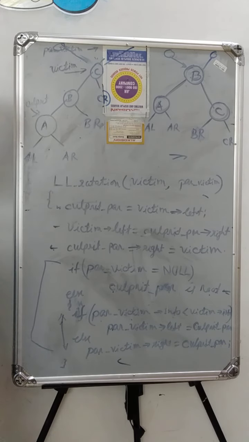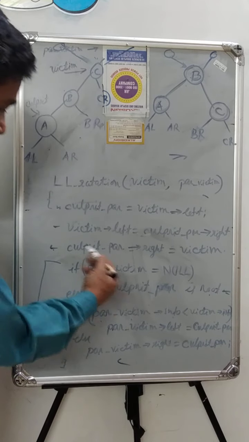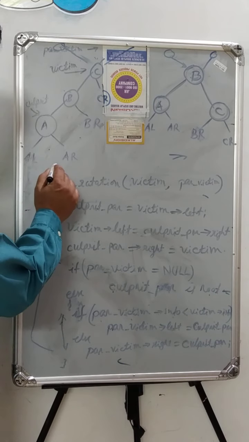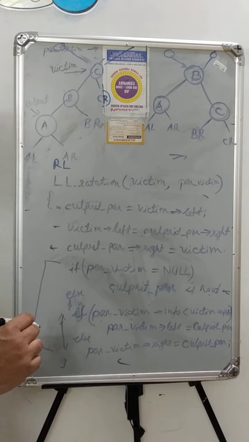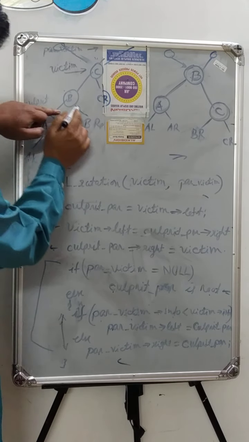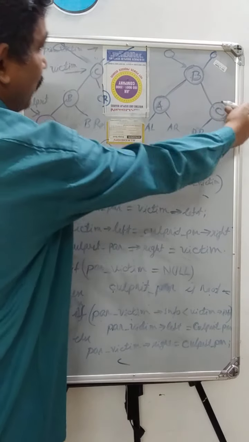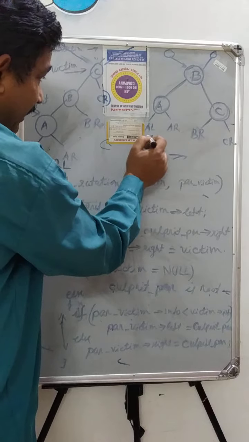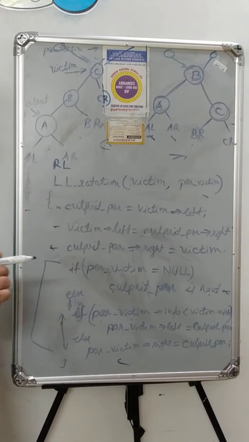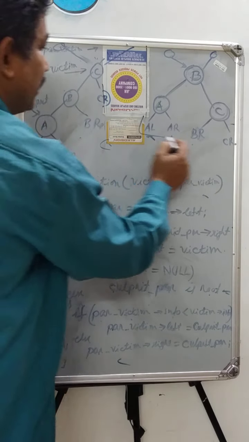Similarly, you can find out the different pointer assignments for RL rotation. In that case, the A will be on this side, and our resultant tree will be this one. Then we have to find out the positions of AL and others. Definitely their positions will not be the same.